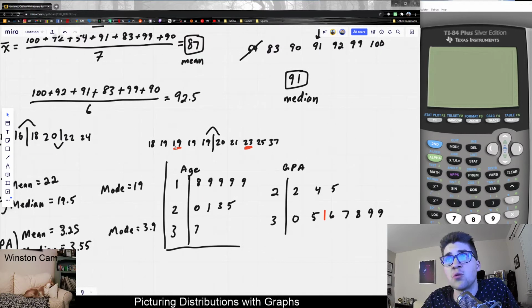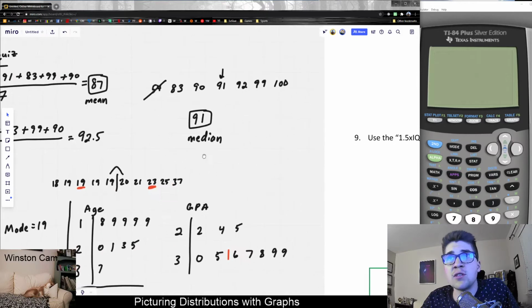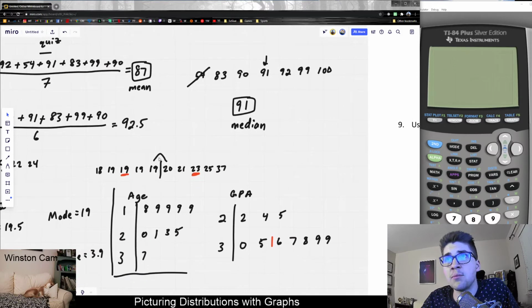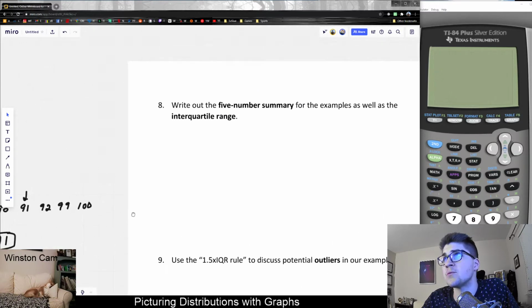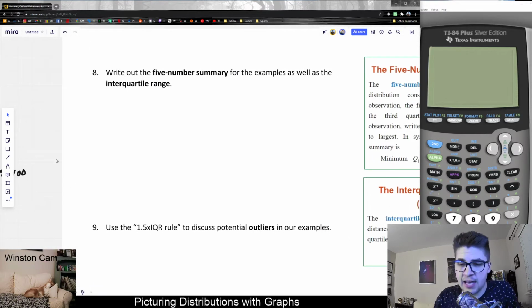We found our first quartile to be 19 and our third quartile to be 25, which again is like the median of the left group, first quartile, median of the right group, third quartile. So the 5-number summary will include all of those three things, but it will also start with the smallest and end with the largest. Let's go ahead and write that out, and that will be our complete 5-number summary for our age.